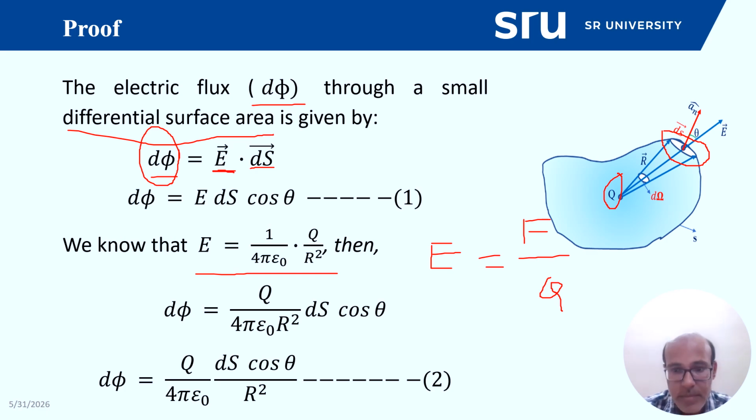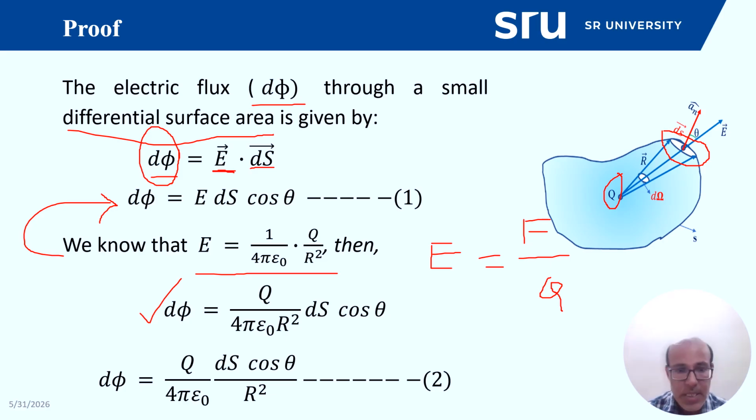So this value of E is substituted in this expression. Therefore it leads to d phi equal to Q by 4 pi epsilon naught r square ds cos theta.